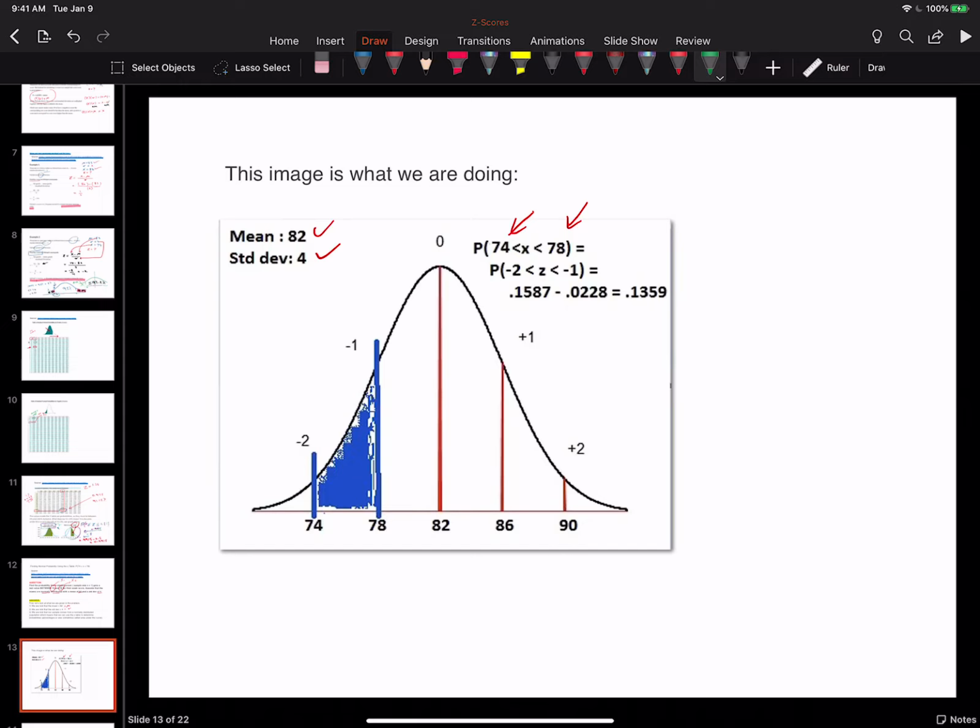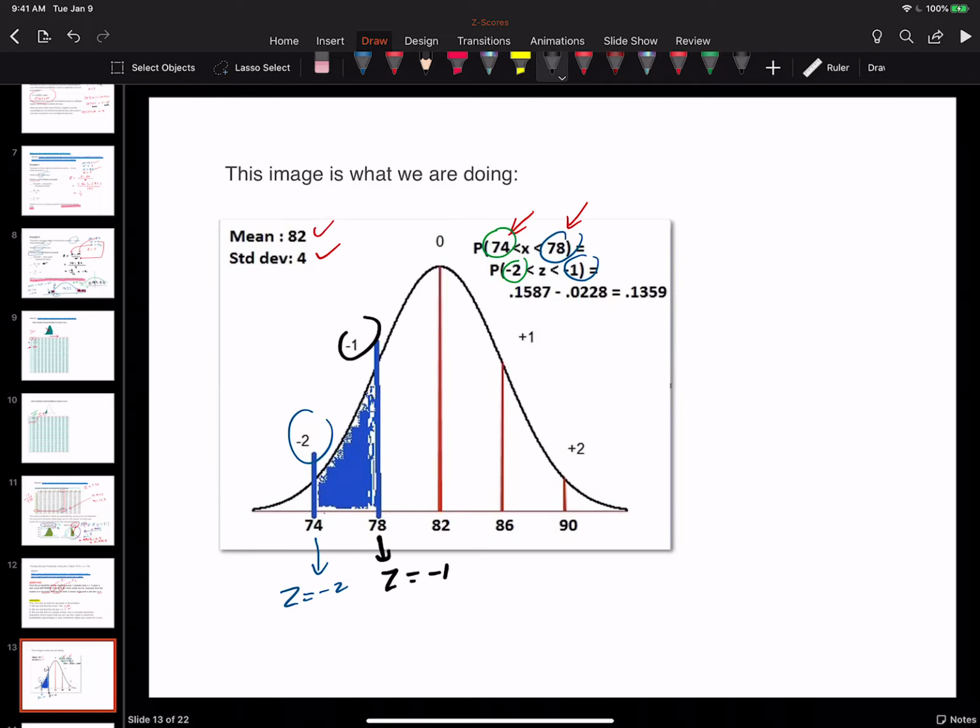The idea is convert the 74 to a z-score, you'll get -2. Convert the 78 to a z-score, you get -1. So 74 corresponds to z equals -2, and 78 is like z equals -1 in this example.